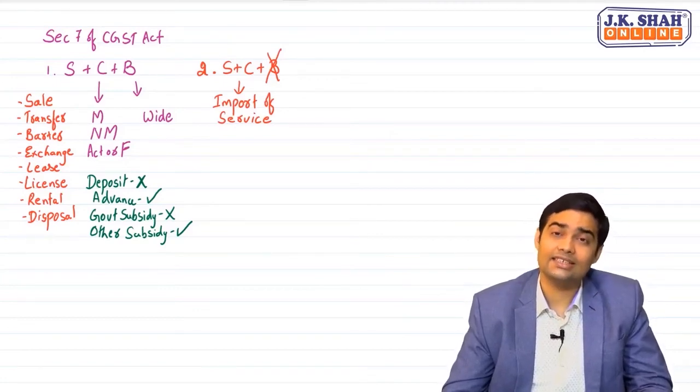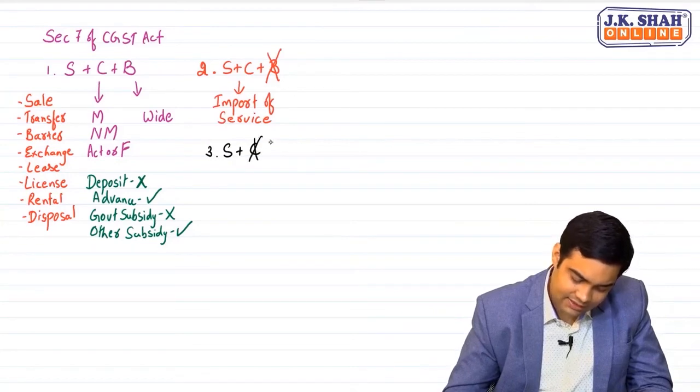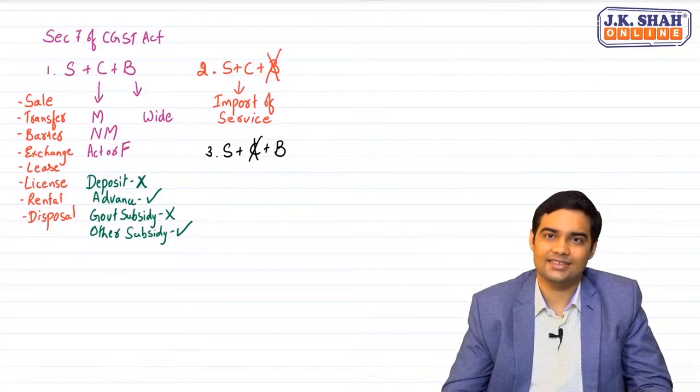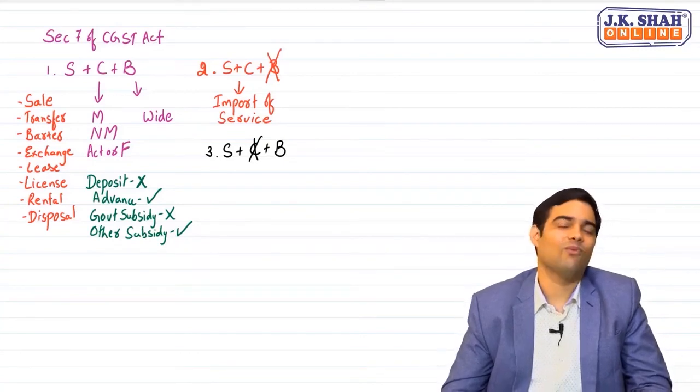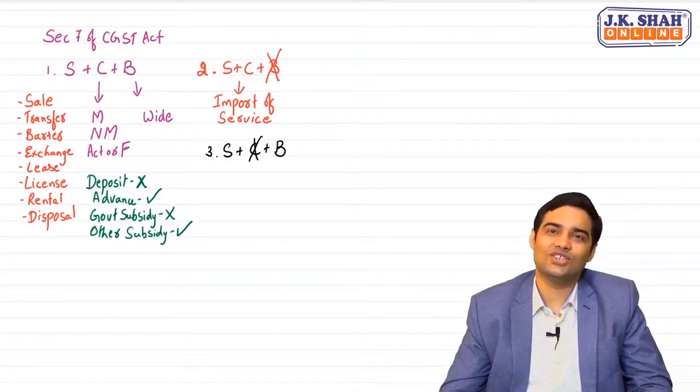Can there be cases where consideration is missing and still GST is applicable? That's our next discussion. Consideration missing. But tell me one thing, would business be required in such cases? The answer is yes. Obviously, there cannot be an instance where consideration and in the course of business both are missing.